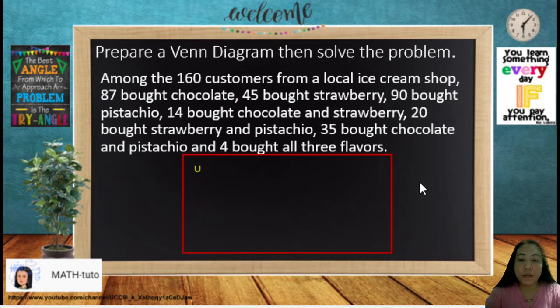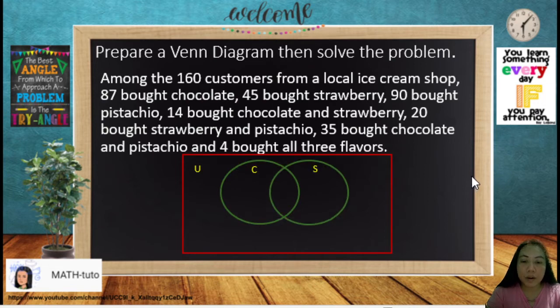So the universal set would consist of all the 160 customers of the ice cream shop. Okay, and the 3 sets that we will draw here will be chocolate, strawberry, and pistachio. So I named them C, S, and P. It is important that when you see numbers here, you don't write them immediately, because in the 87 that bought chocolate, some might also have bought strawberry and pistachio.